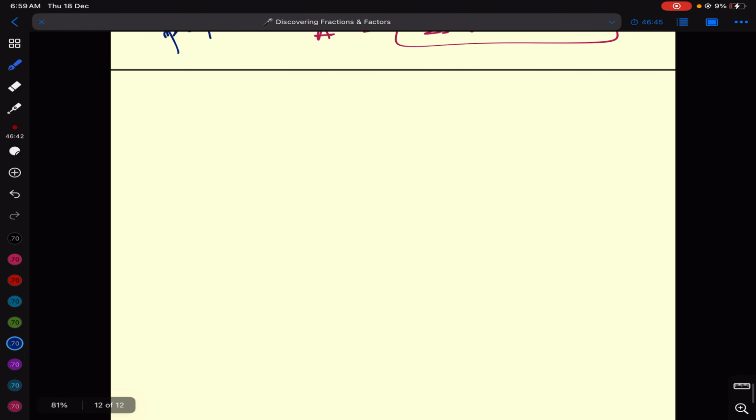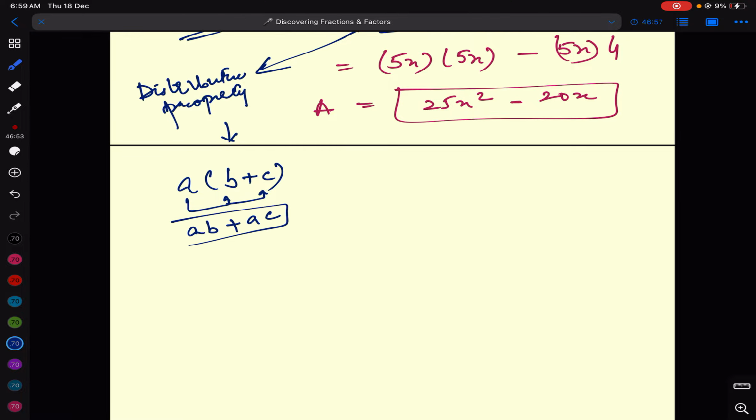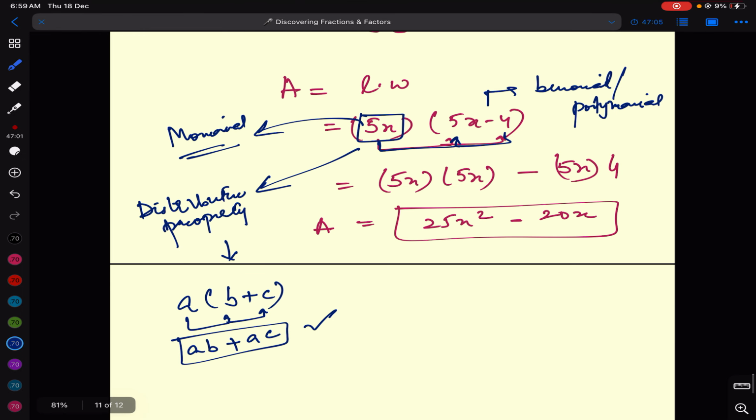If I have to explain that in detail, let's say there is an outer term a, and then there is addition of two inner terms, so this a is going to be distributed to each of them, so it will be a times b plus a times c. Clear? That's what I've done here. 5x was distributed to each of the inner terms, and that's how we got 25x square minus 20x.